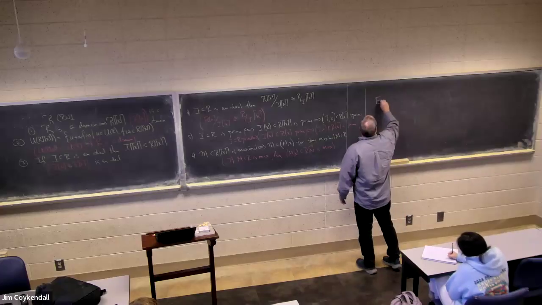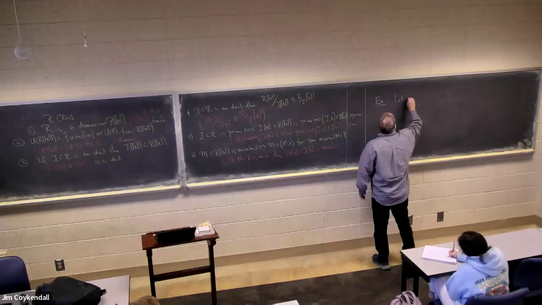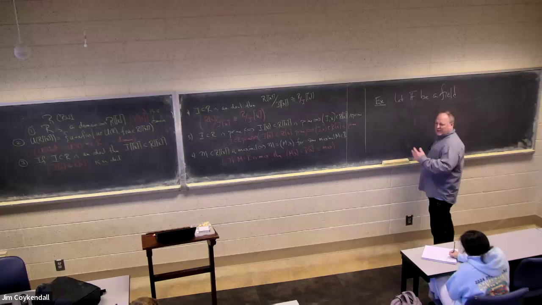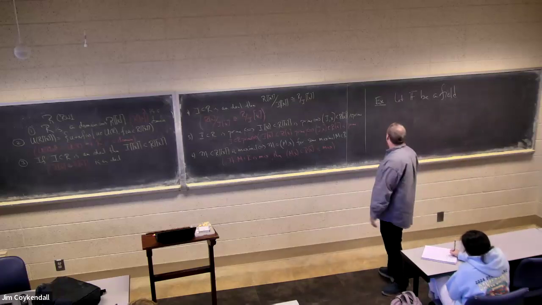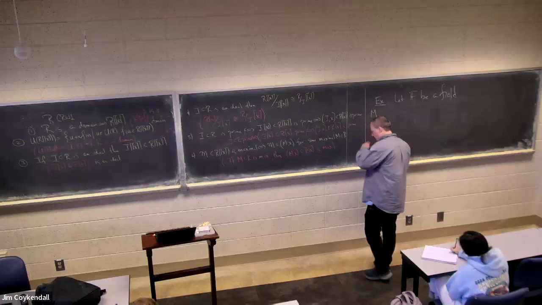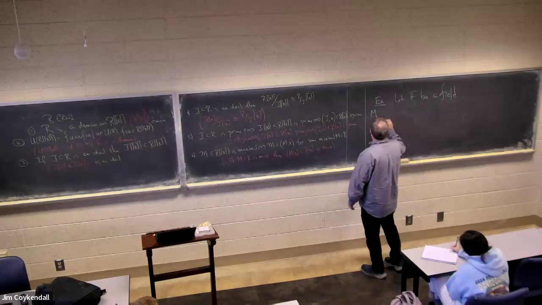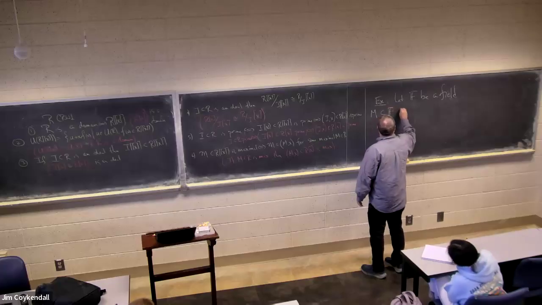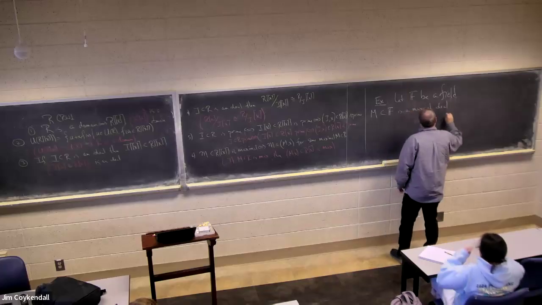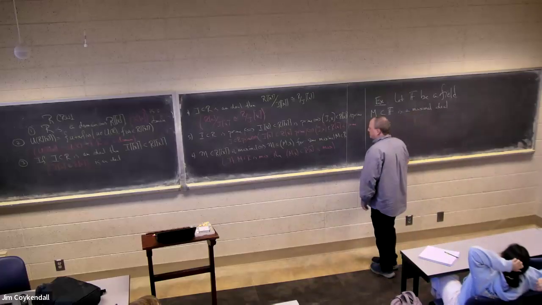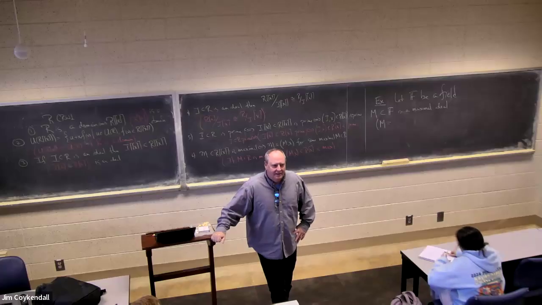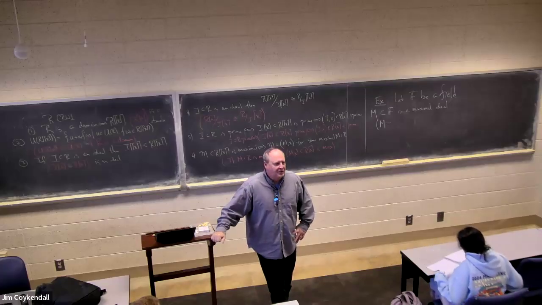So, example. Suppose I've got a field F. This is kind of an easy example to think of. So suppose I have a maximal ideal of a field. What does a maximal ideal of a field look like?